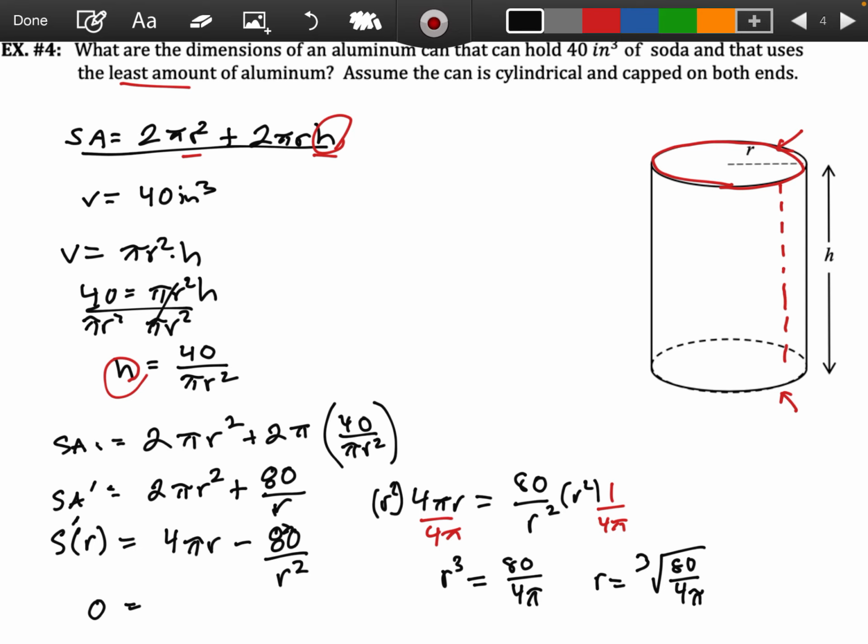And that's going to be the size of the radius that will minimize the surface area, right? And what is that? That's actually about 1.853 inches, right? And we could show why it's a minimum. I'm not going to show it.